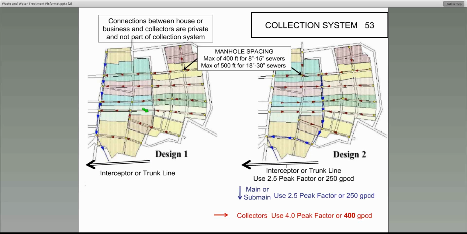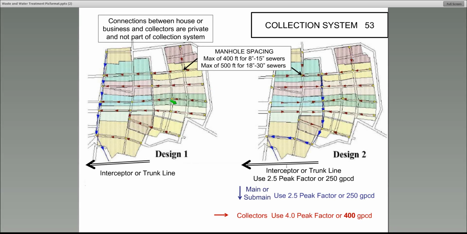Here's design number one. Some engineers that haven't done a lot of water design may try to do this. Let's say this is a subdivision, and let's say the topography is basically level.